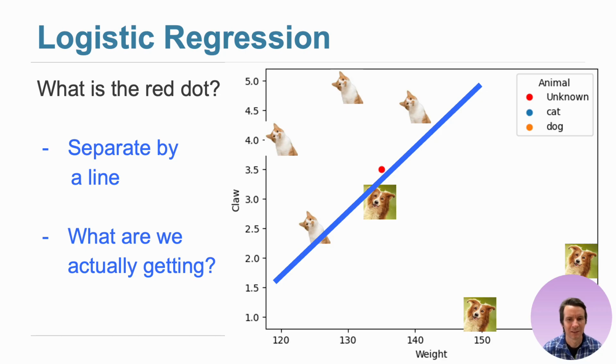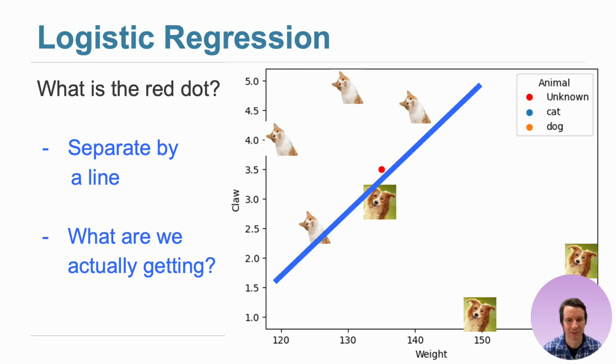So here it is in 2D, right? Remember, I think we are separating by a line. So what we are actually getting, in a way, is not really a line. Right? We had the squiggly thing in the one-dimensional case.